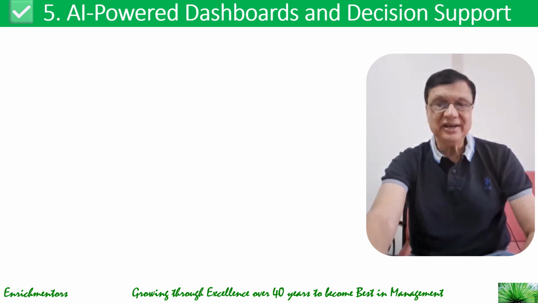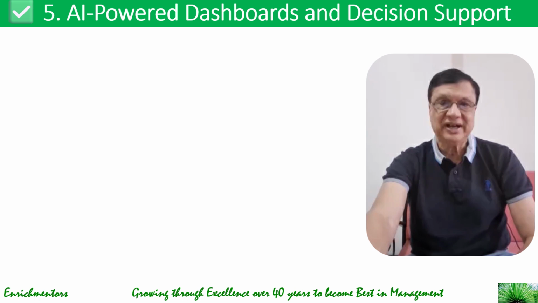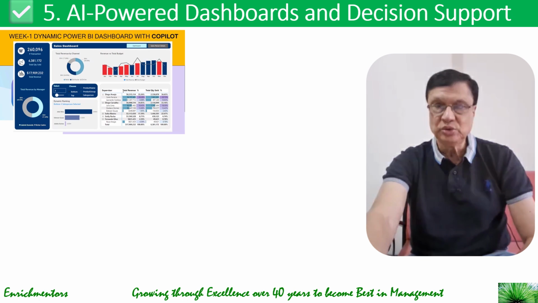The fifth way AI can help in project planning is using AI-powered dashboards and decision support. There are three things it can do there. You can use dynamic dashboards, where tools like Power BI plus AI or Tableau GPT present real-time progress updates with intelligent insights.